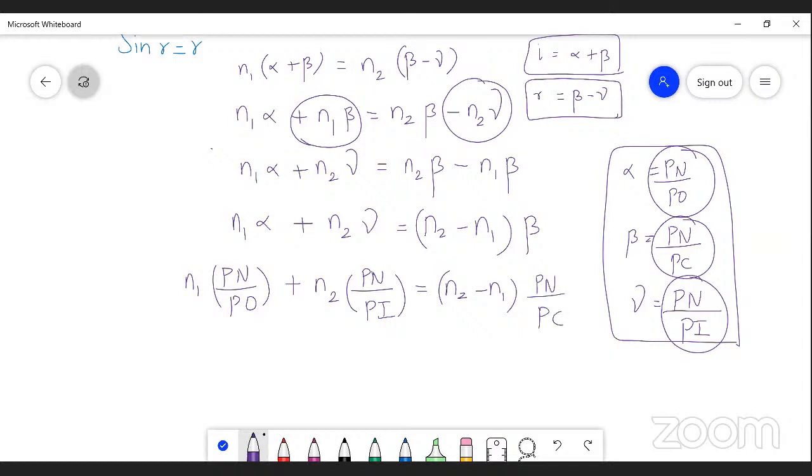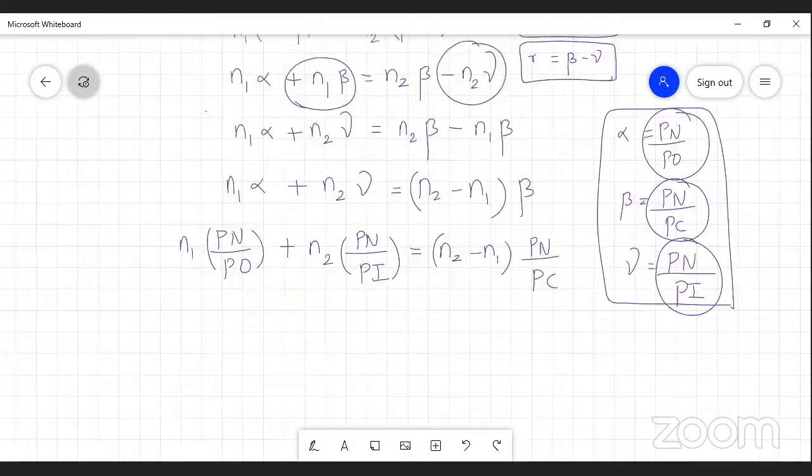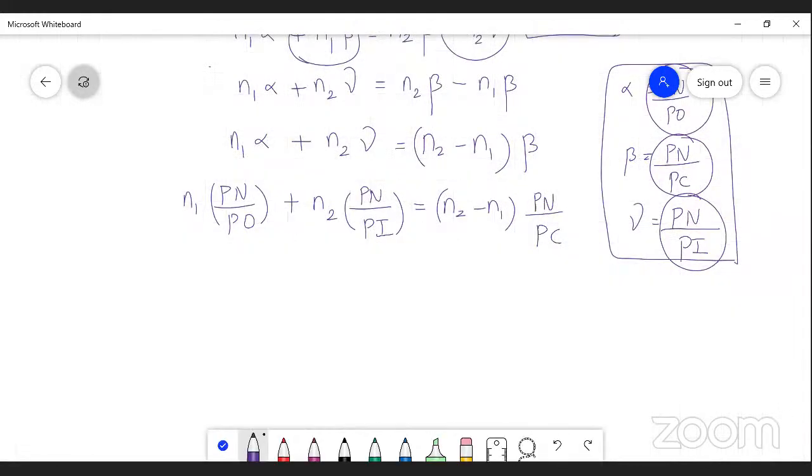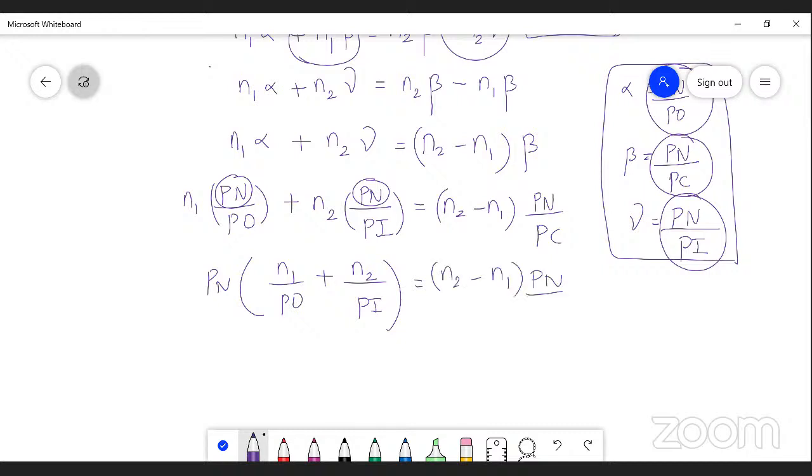PN is a common factor on both sides, so it cancels. Taking PN as common, N1 divided by PO plus N2 divided by PI is equal to N2 minus N1 times PN divided by PC.